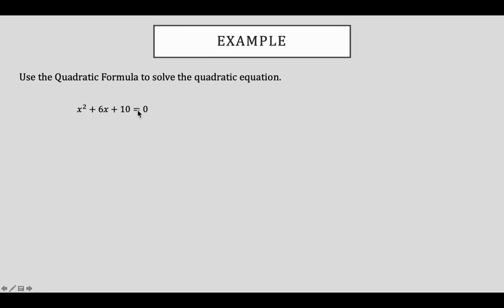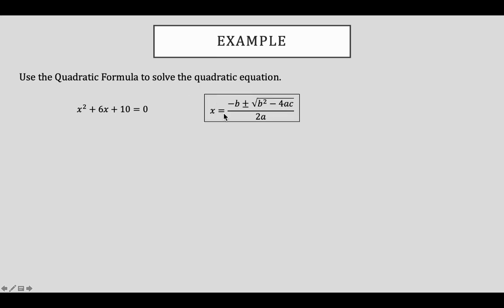So this is actually not factorable. And if we come across a quadratic that is not factorable and we are still trying to find the zeros, we can do so by using the quadratic formula.